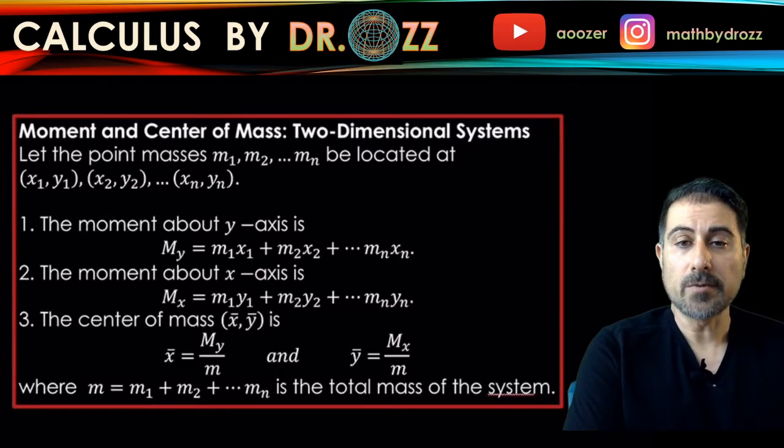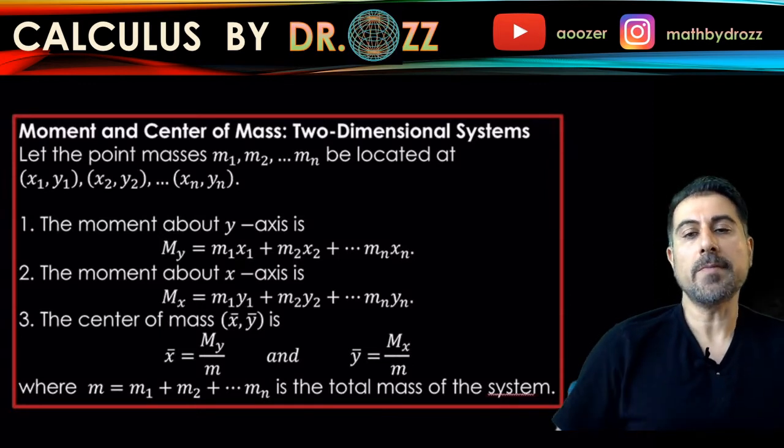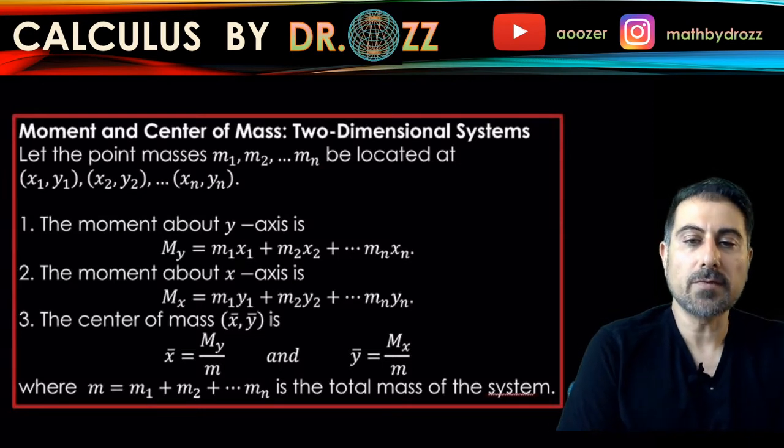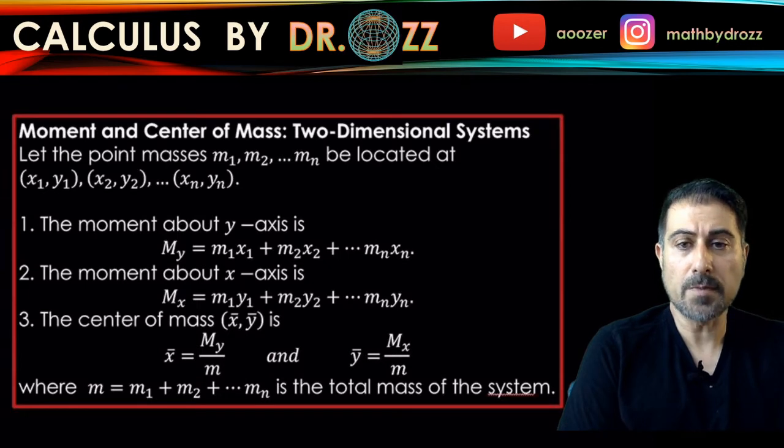Okay, so we're using the y-coordinates to be able to find the moment about x-axis, m sub x. And eventually, the center of mass, x bar and y bar, is found by two ratios, m sub y divided by little m, and m sub x divided by little m. And little m is the sum of the masses.